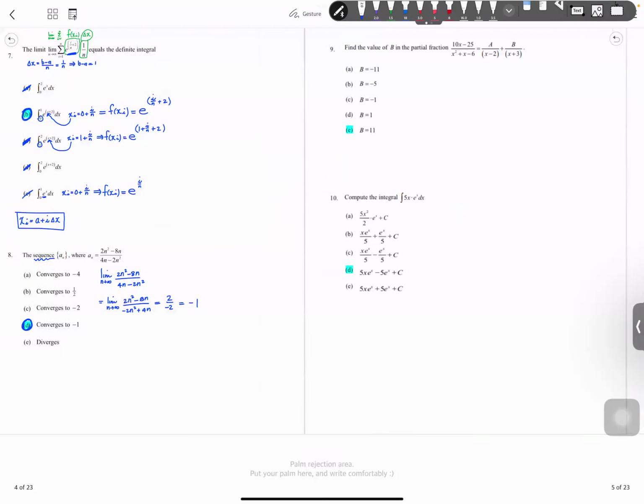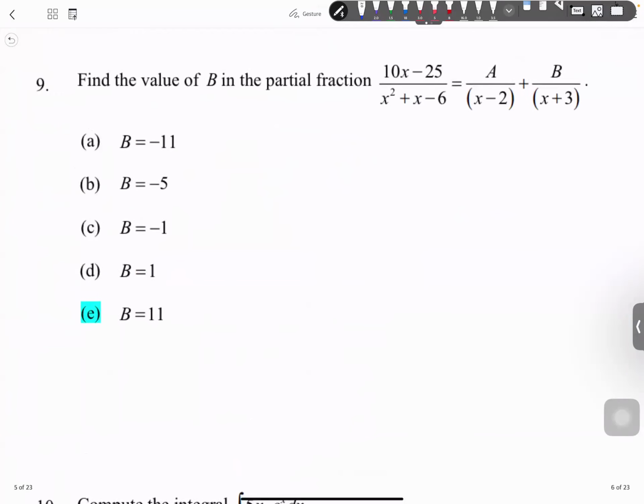All right, let's look at problem number 9. This is just a very straightforward partial fractions. We're being given the equation 10x minus 25 divided by x squared plus x minus 6. And this can be broken up into A over x minus 2 plus B over x plus 3.